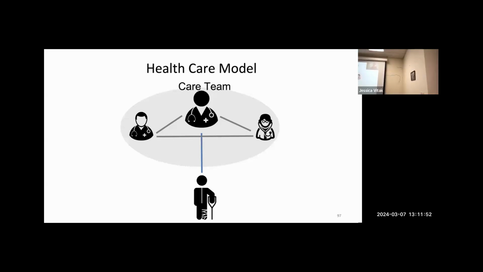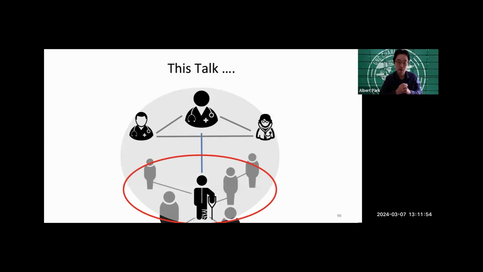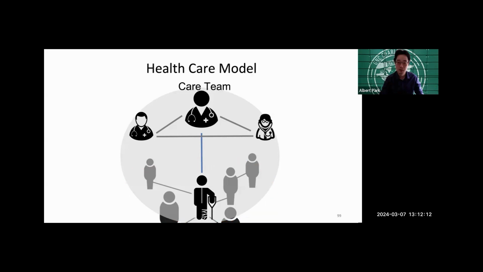But in my opinion, and this talk illustrates, you have to factor in people's own home environment and their natural social settings to better capture their overall health. And the reality is they need to all work together.